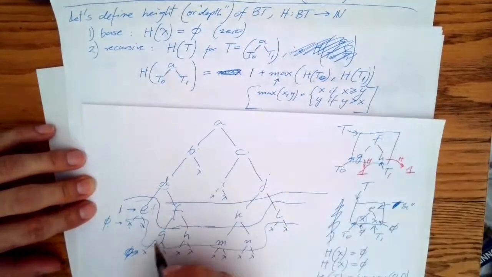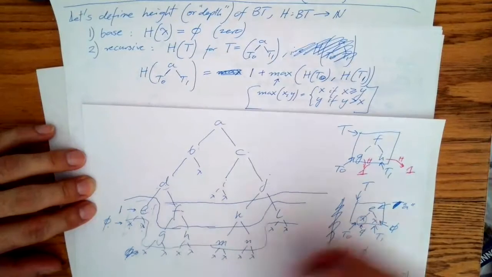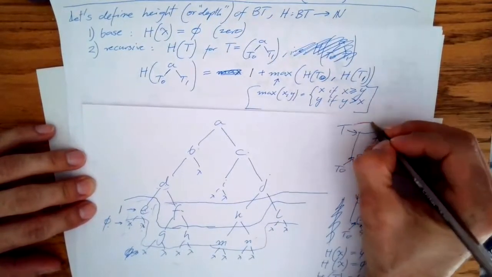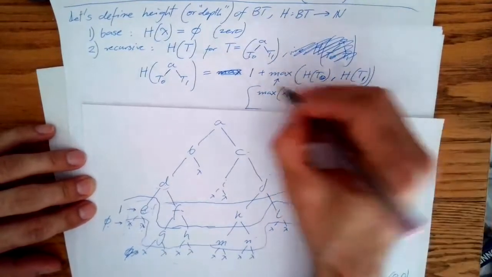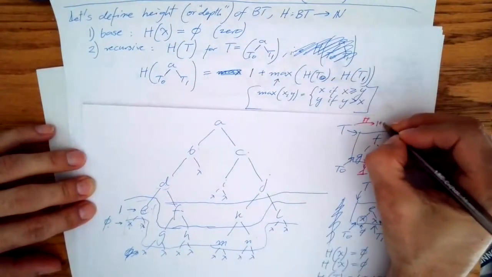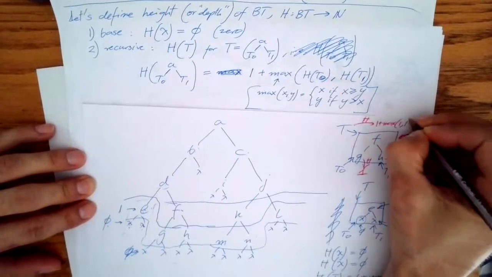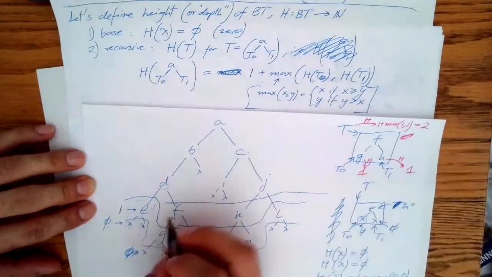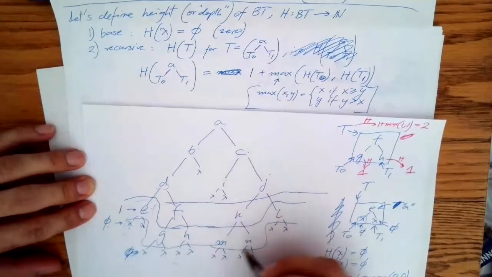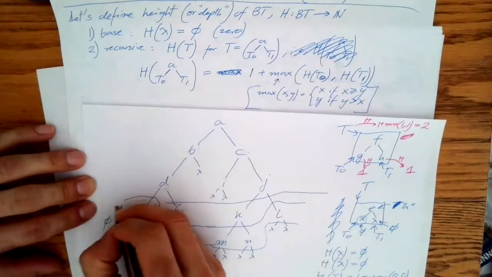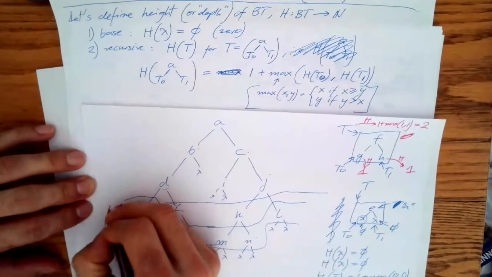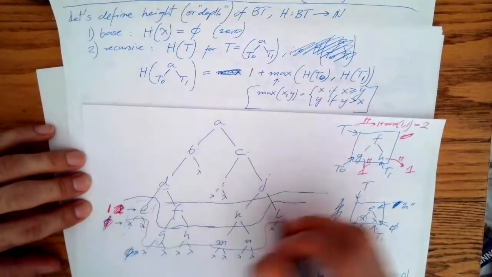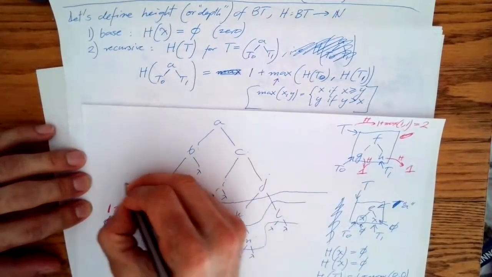So the height of G was 1, the height of H was 1. Therefore, the height of this T will be, what is the definition? 1 plus max of 1 and 1, which is 2. Okay, so these guys will be the same way, right? So everybody here had height 1, everybody here had height 0, and these guys have height 2.